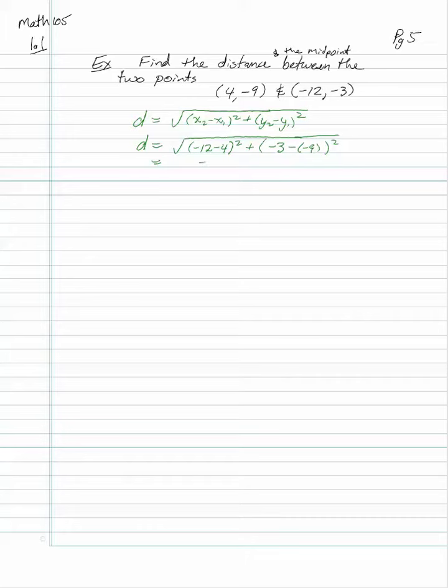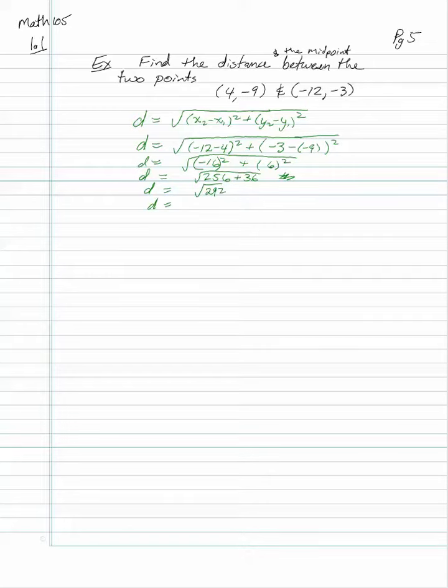So that would be -16 squared, and this will be 6 squared. So -3 plus 9, so it'll be 6, squared, and that will give us 256 plus 36, which will get us 292.